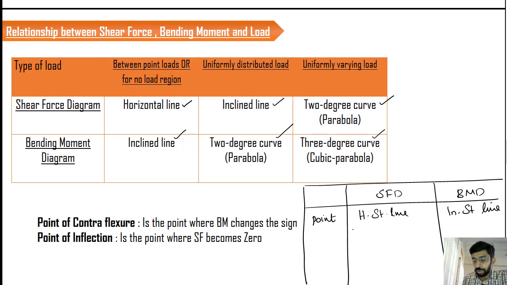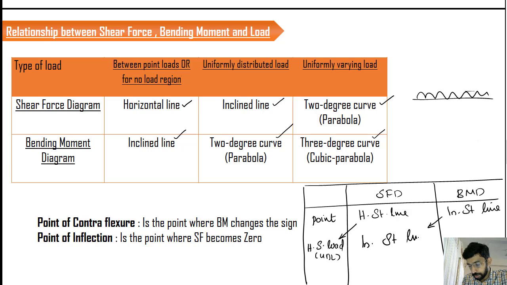The second type of loading is the horizontal straight line loading, or called the UDL, right? The UDLs are represented like this. So in a way we can say that's a horizontal type of loading, straight line loading. If this is a straight line loading, then the shape of the shear force diagram is going to be an inclined straight line, and the bending moment is going to be a 2nd-degree parabola.